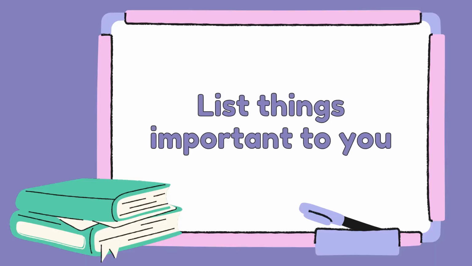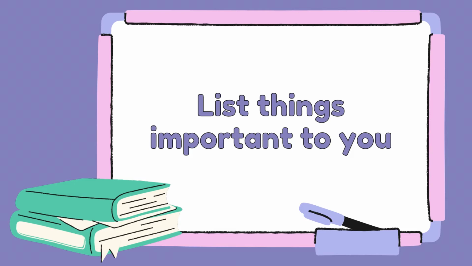Next, I'm going to talk about three different things that you can do to start to brainstorm to get your college essay ideas. The first way to brainstorm ideas would be to sit down and list things that are important to you.